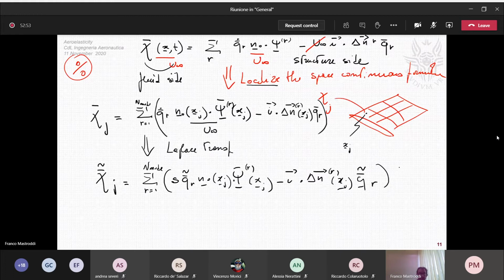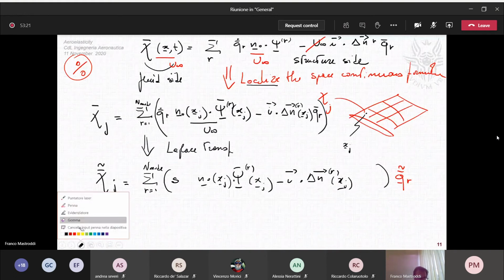And so we can group this q bar_r outside this bracket, and so we have a matrix, excuse me, divided by U infinity.